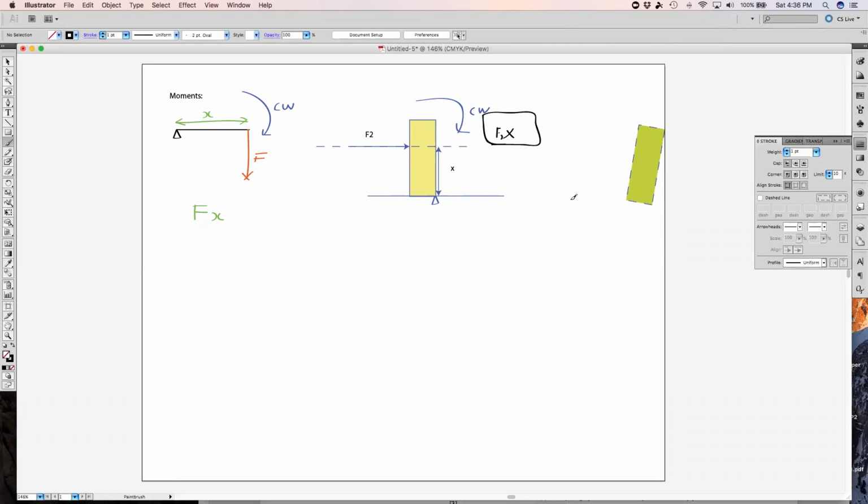Clear on that. So that's moments. You have clockwise moments, you have anti-clockwise moments. That's the concept. If I have another example, let's say a wheelbarrow, which has some kind of load here and a wheel, this wheel would be where the pivot is.